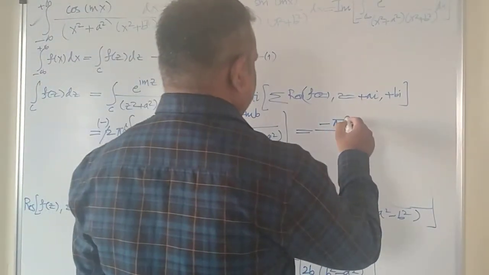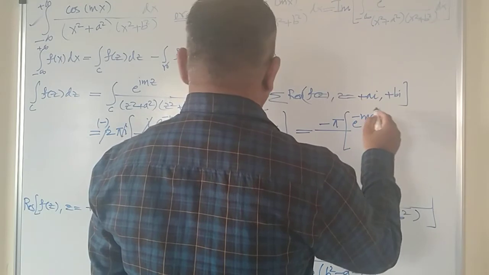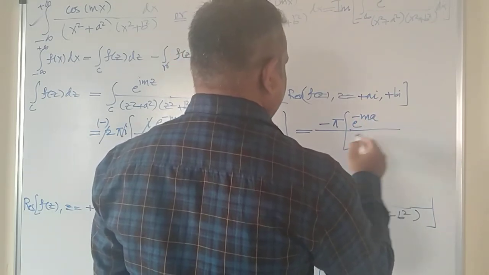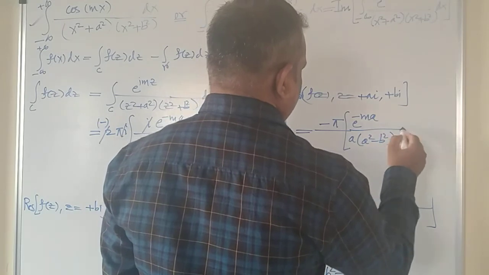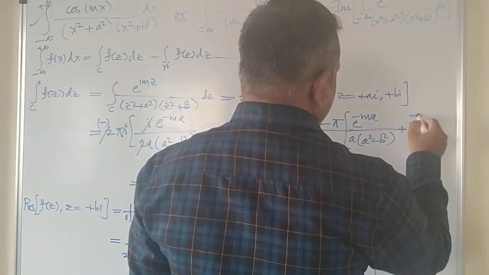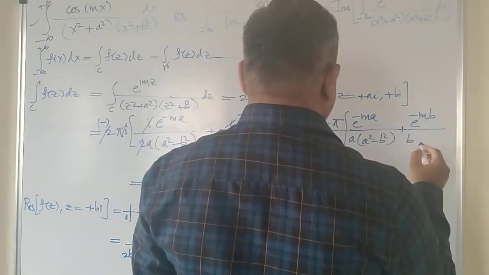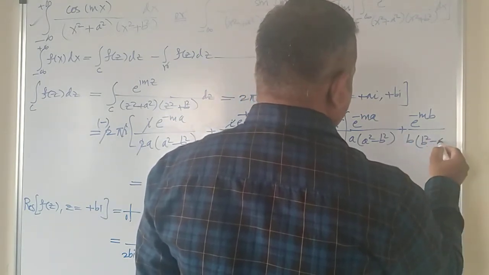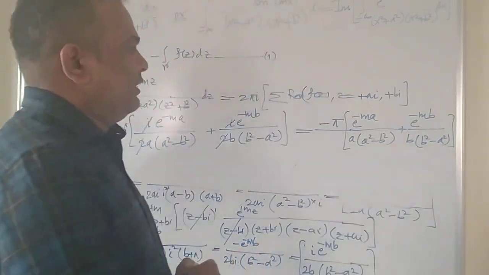So let us write this as it is: e raised to minus ma divided by a into a square minus b square, plus e raised to minus mb divided by b into b square minus a square. Got it?